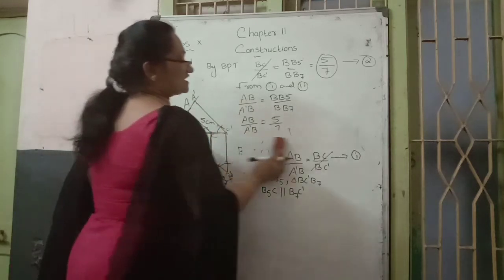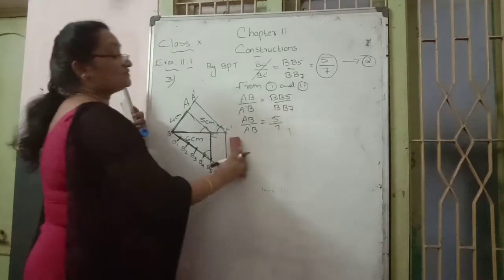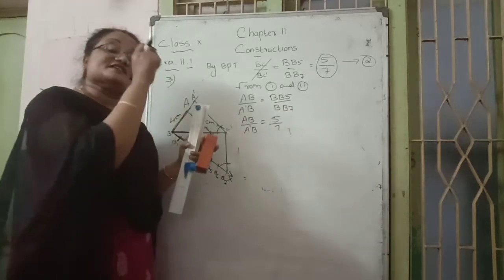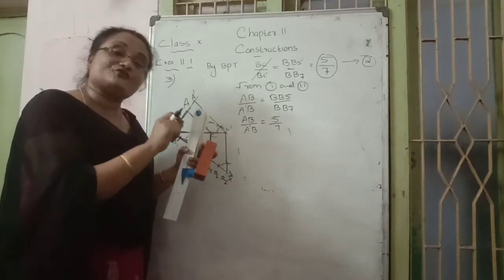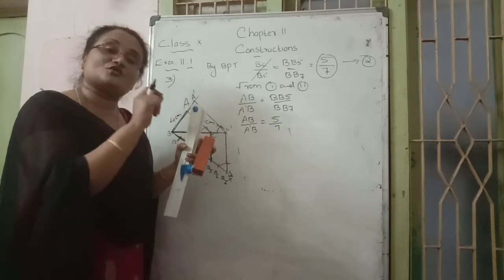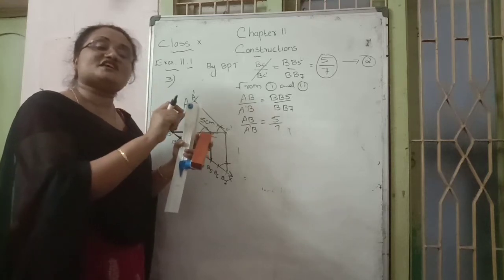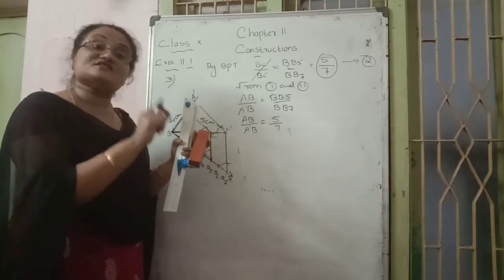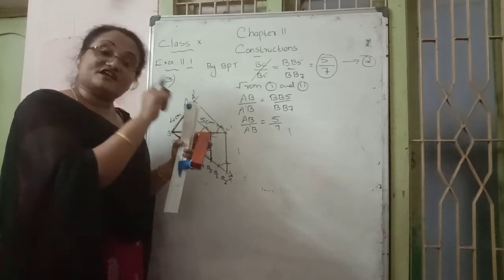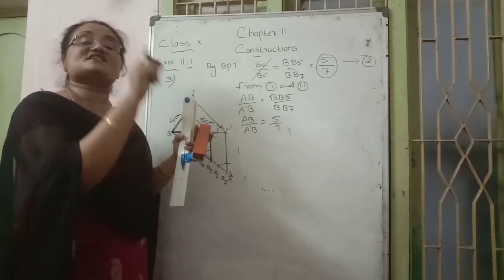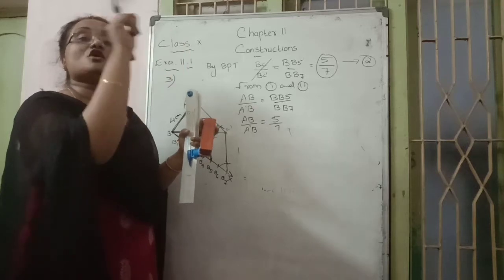But in which form do we want our ratio? We want the side of the similar triangle to be equal to 7/5 times the corresponding side of the original triangle.